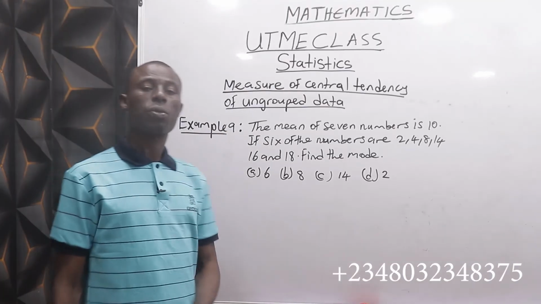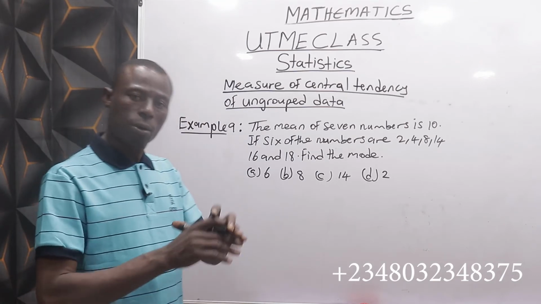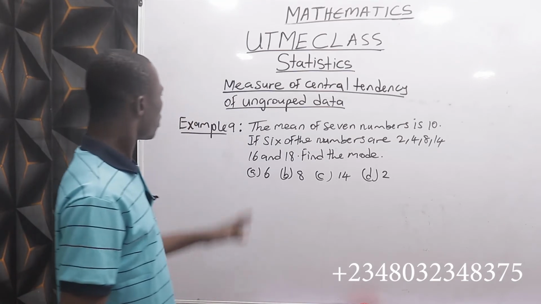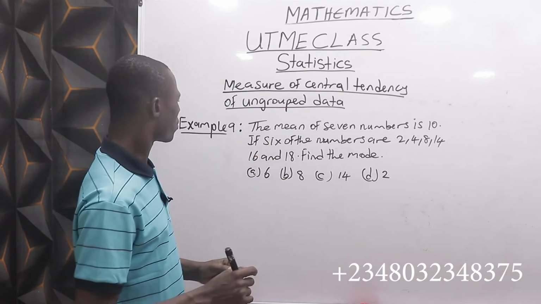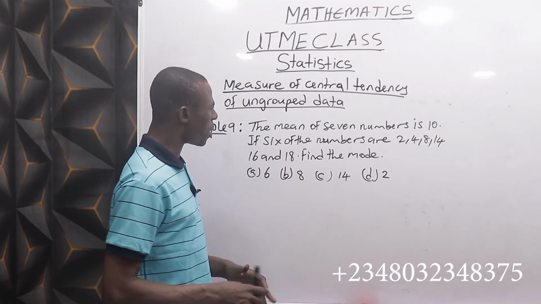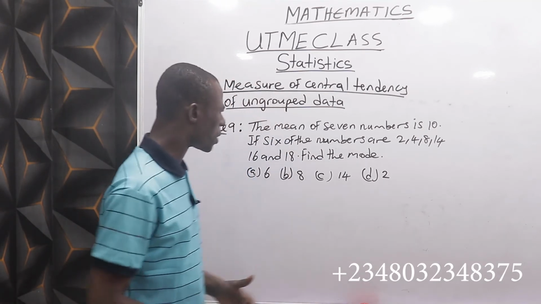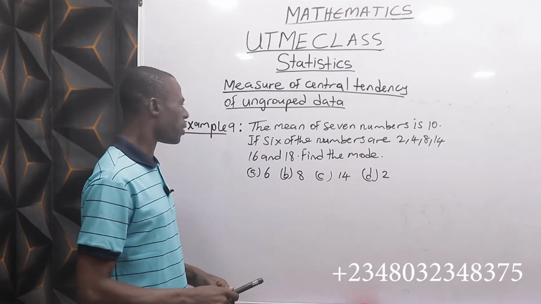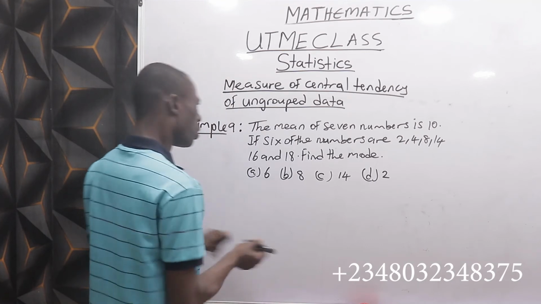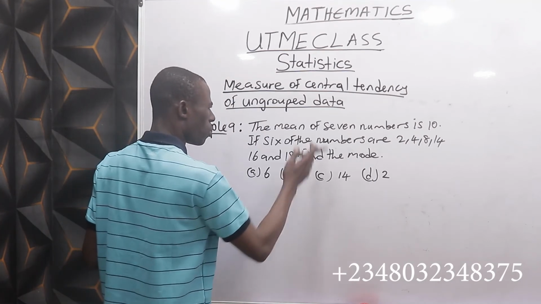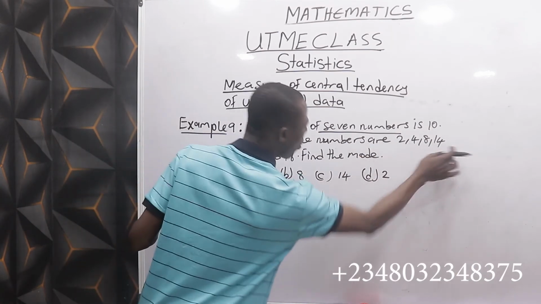Let's consider example 9, which is where we are going to draw the curtain for now. The mean of 7 numbers is 10. If 6 of the numbers are 2, 4, 8, 14, 16, and 18, find the mode. We have been told there are 7 numbers, and we are given 6 of them.